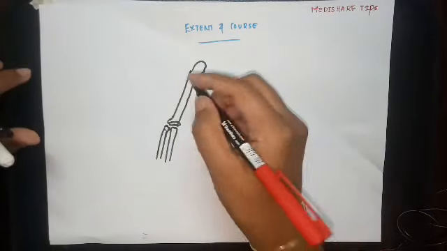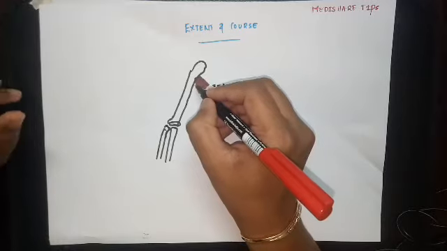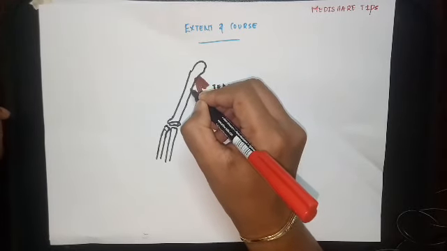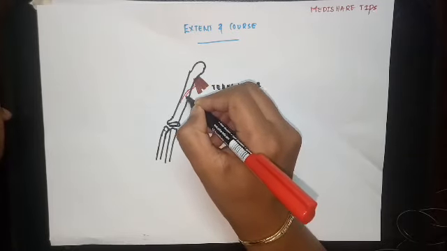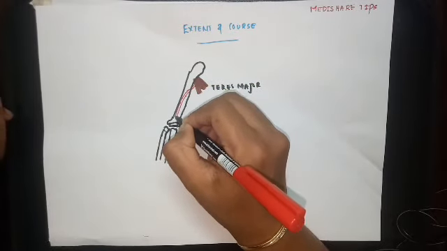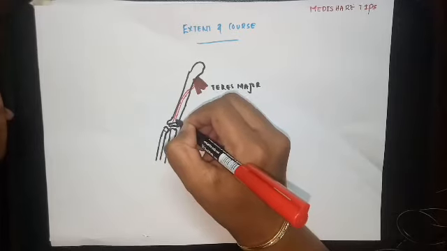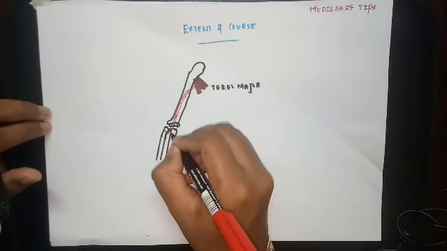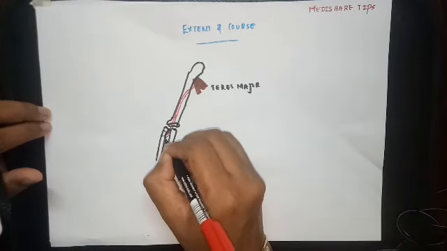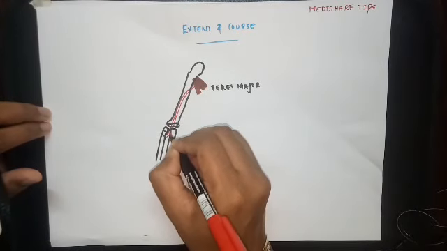So the extent of the brachial artery is starting from the lower border of the teres major muscle. It extends downwards and laterally across the arm, and it reaches the elbow joint and the cubital fossa, and at the neck of the radius it terminates by dividing into two terminal branches.